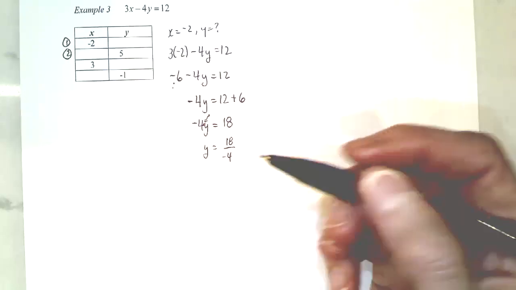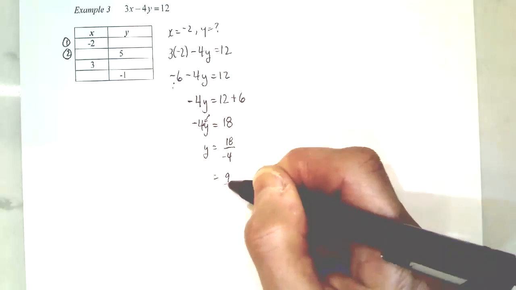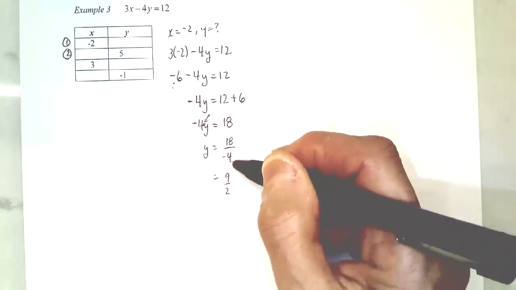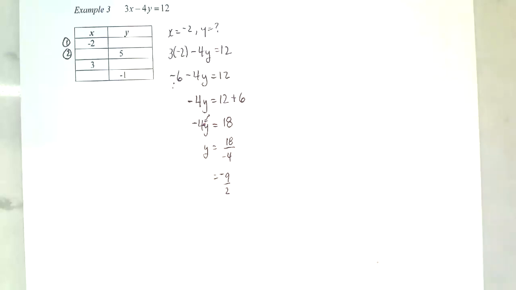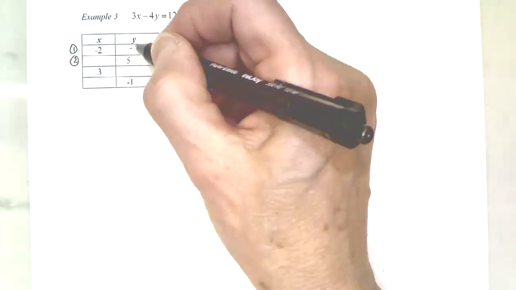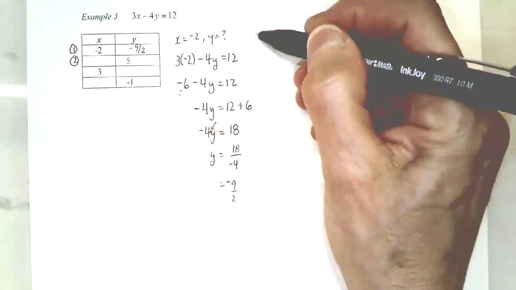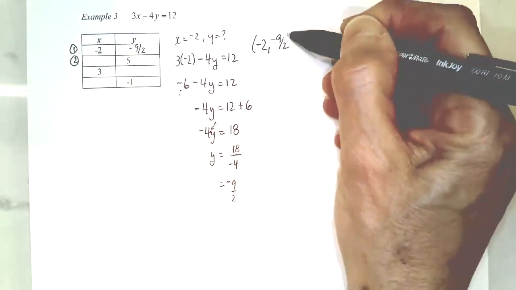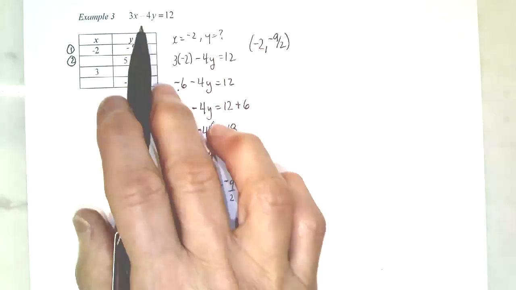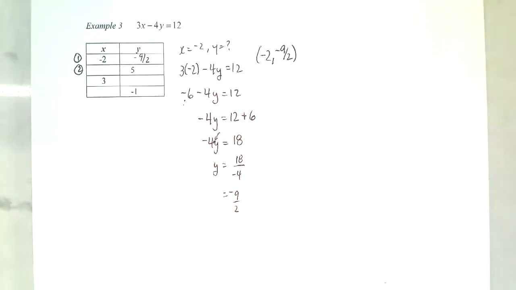You leave it, but it is a fraction, so you reduce it to lowest terms. I can divide them both by 2. It's a negative. I like to leave my negative in the numerator so that I don't lose it. And I have an ordered pair. The x is negative 2, the y is negative 9 over 2, and that is a solution to this particular equation. I'll do one last example.